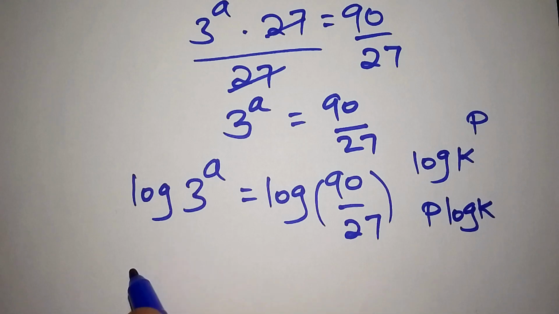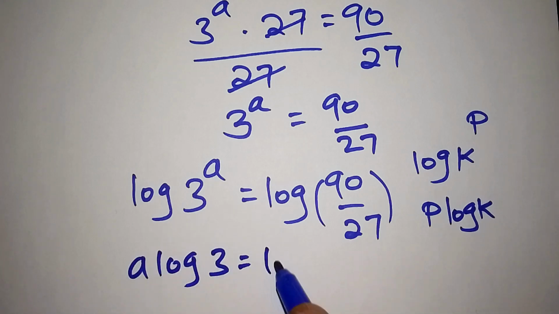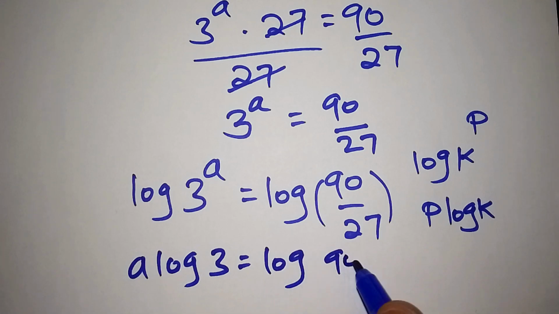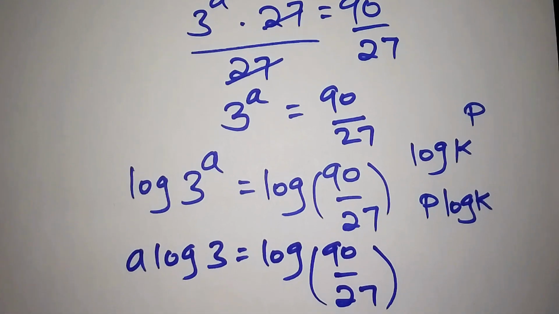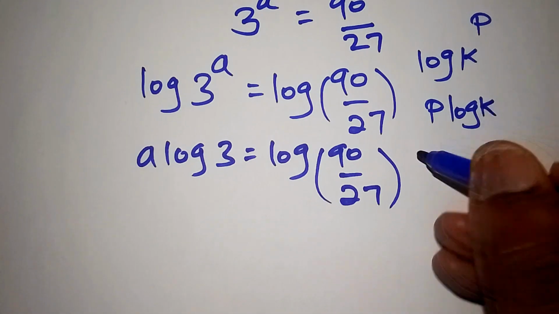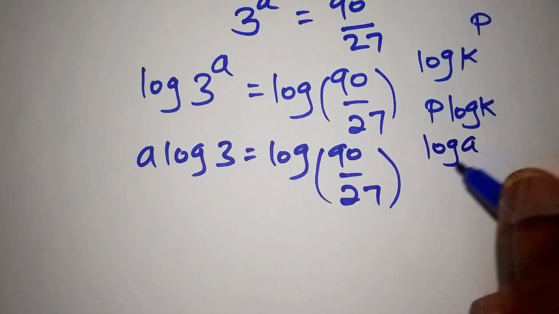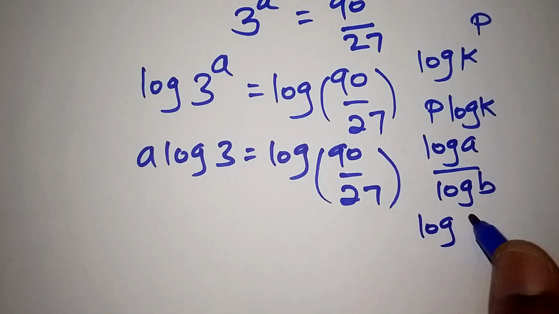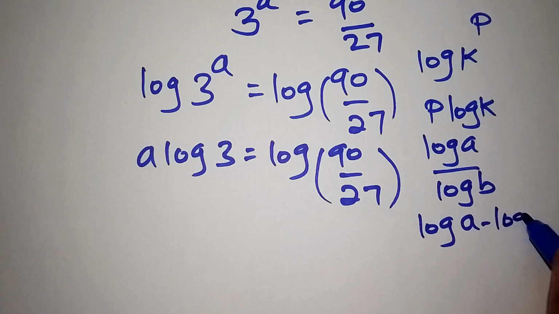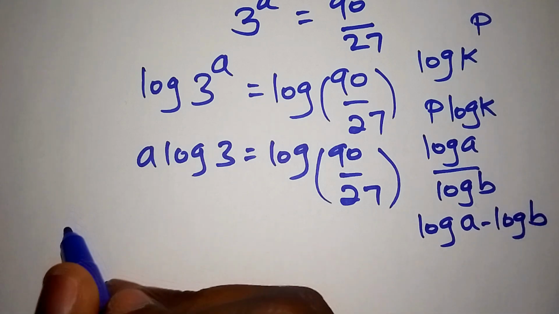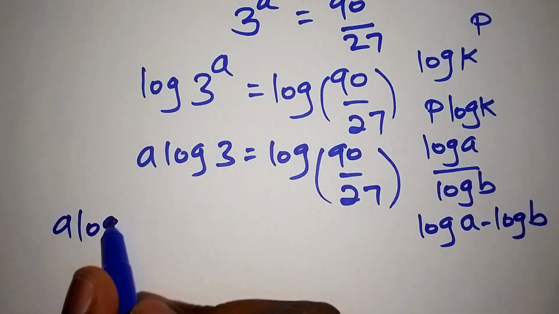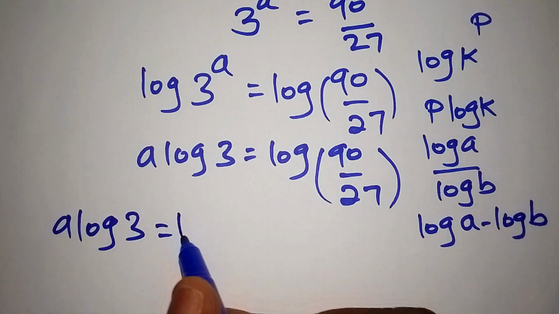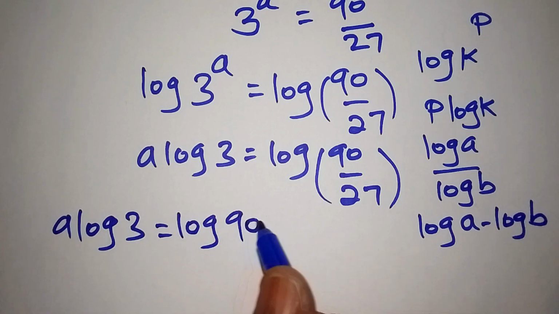So here we shall have a, the log of 3, is equal to the log of 90 all over 27, in brackets. Next, when you have, for example, the log of a all over b, this can be written as the log of a minus the log of b. So now we have a, the log of 3, is equal to the log of 90 minus the log of 27.